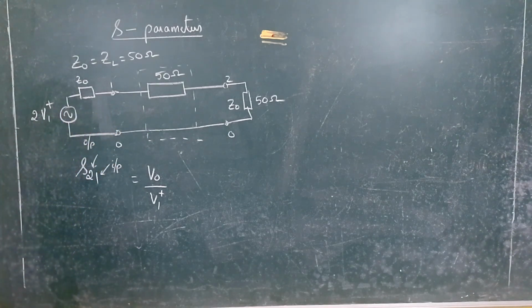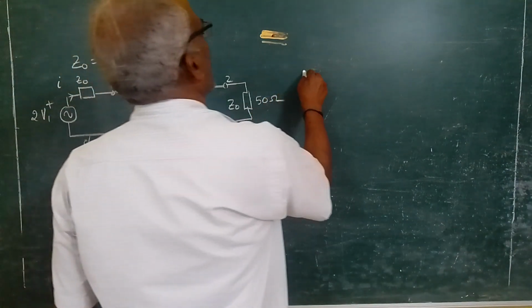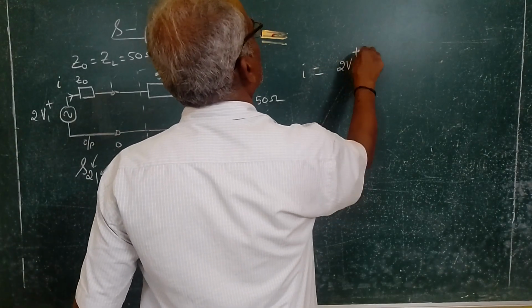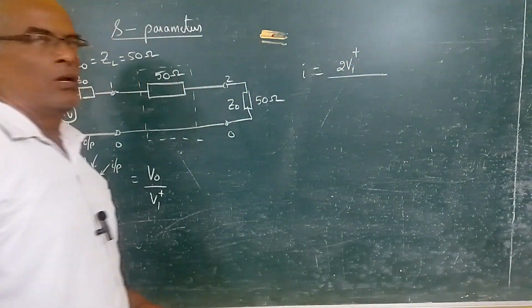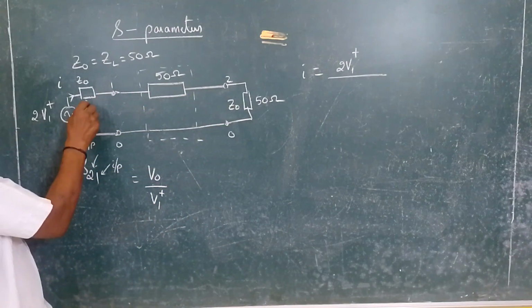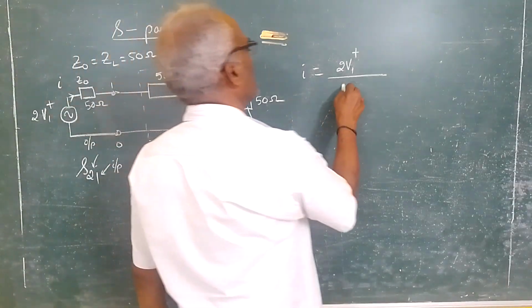So first we will find out the current flowing in the circuit. Now what is I? I is equal to the input voltage, which is 2V1 plus, divided by, now if you see, all the impedances are in series, this is also 50. So 50, 50, 50, it is 150.